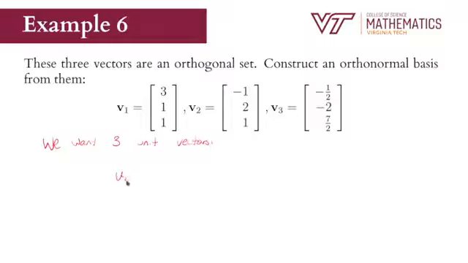So our first unit vector, we're going to divide this by the magnitude of the vector. So the magnitude of v1 is going to be the square root of 9 plus 1 plus 1, which is the square root of 11. So our first unit vector is going to be 3 over the square root of 11, 1 over the square root of 11, and 1 over the square root of 11.